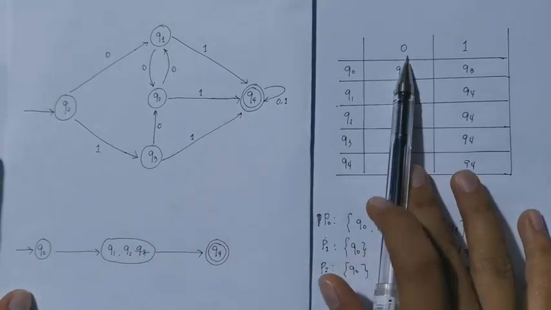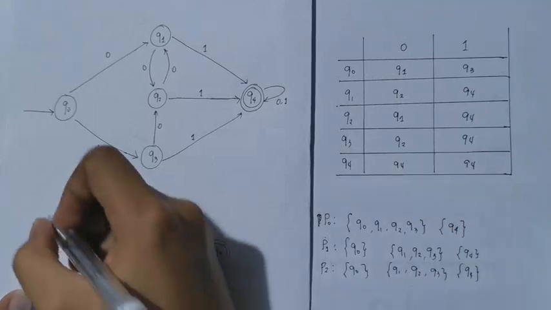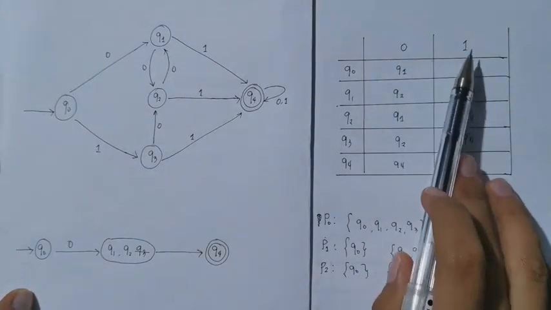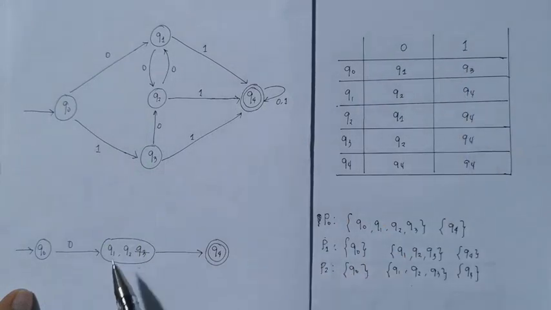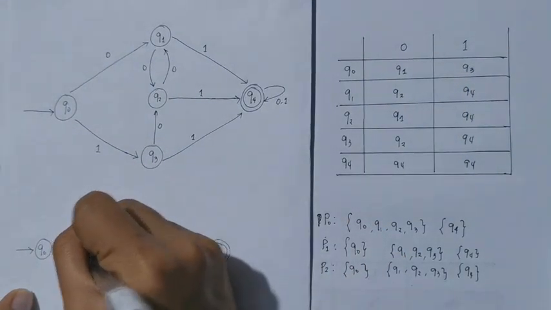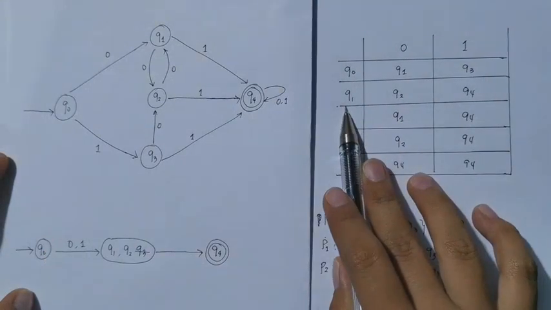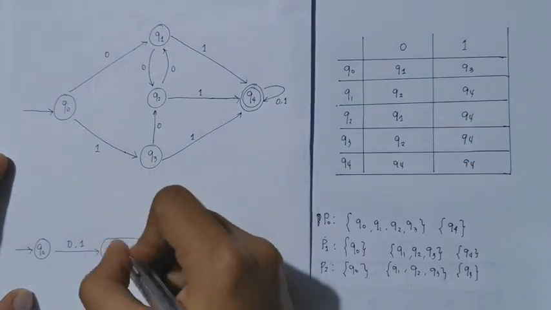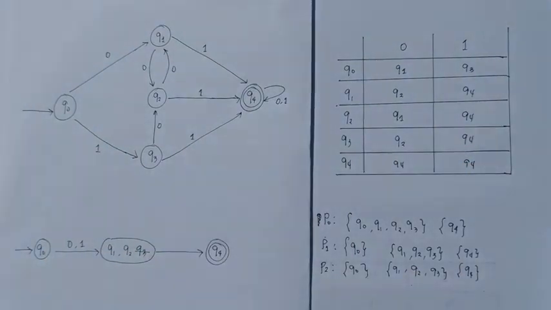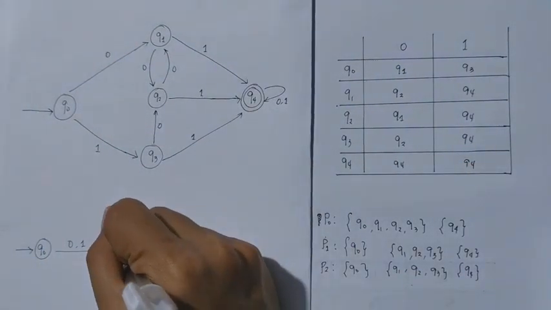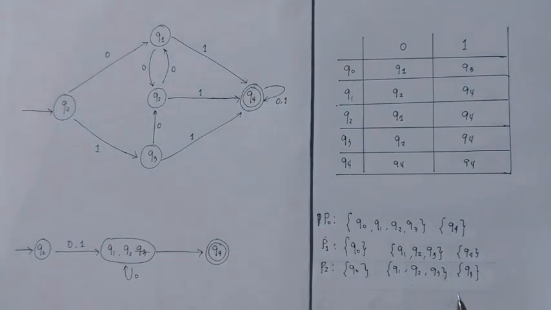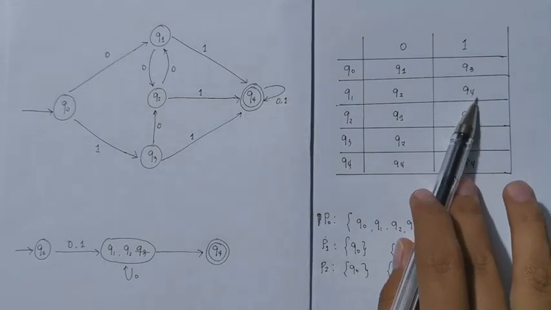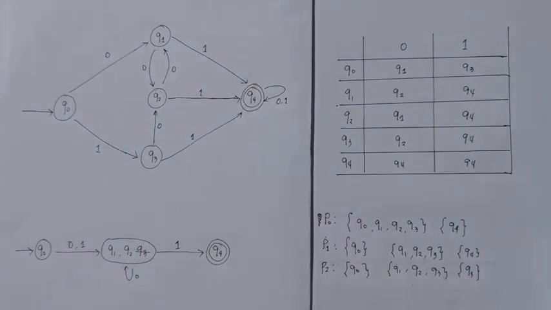Q sub 0, when we input 0, would go to Q sub 1. If we input 1, it would go to Q sub 3. Q sub 1, if we input 0, it would go to Q sub 2. Since they're in the same set, we just keep it. If we input 1, it would go to Q sub 4 or the final state.